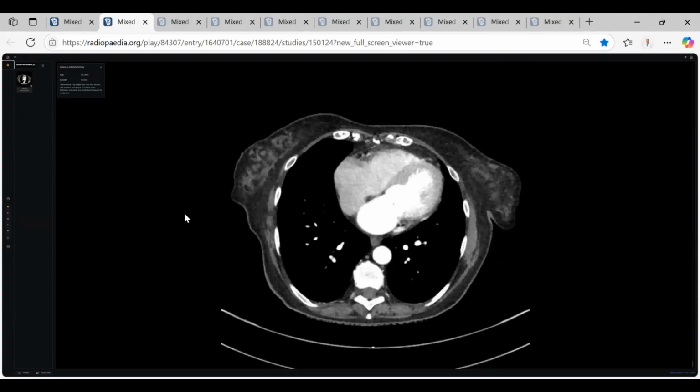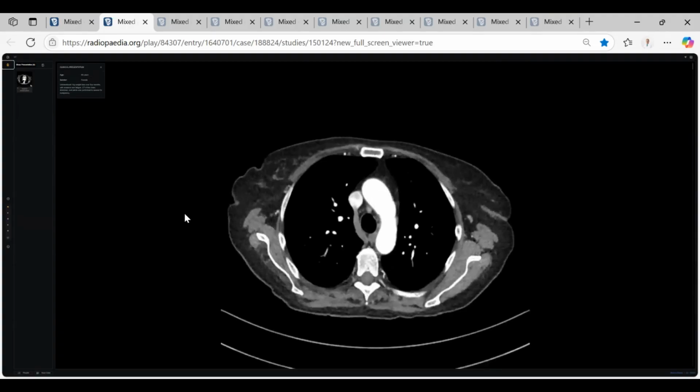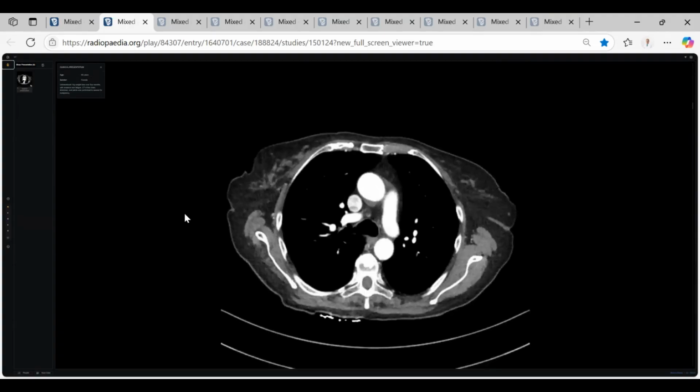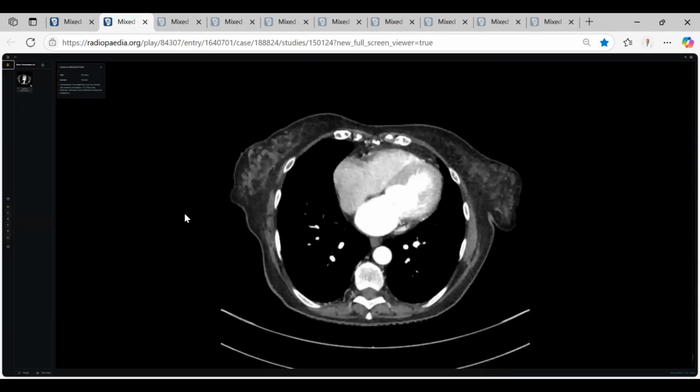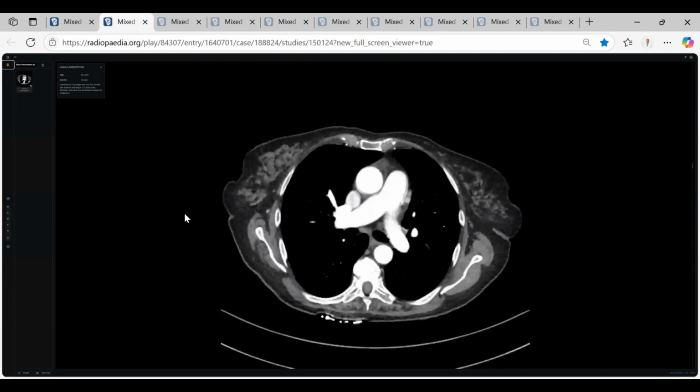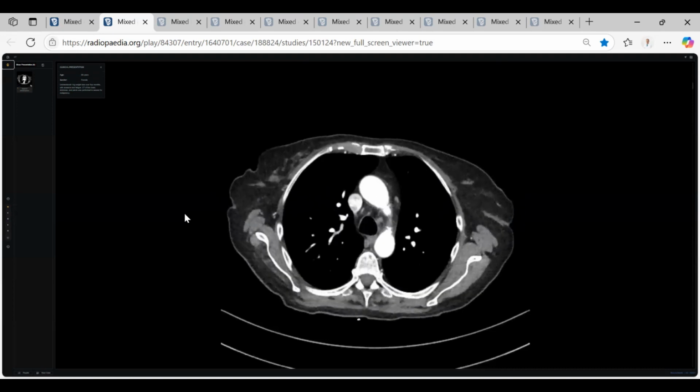60-year-old female patient presented with dyspnea. Should I request the remote control? No need. I'm presented with a CT scan.